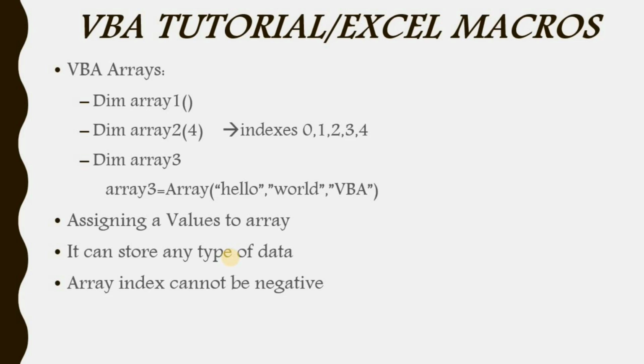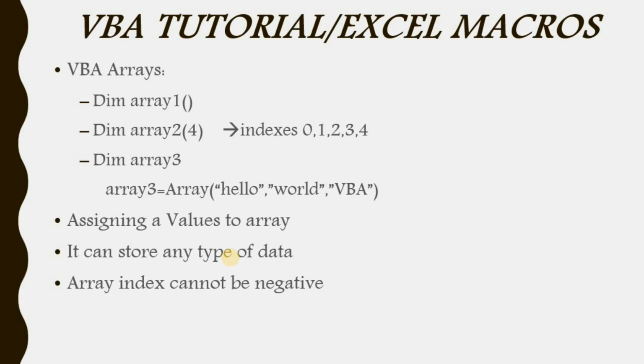It can store any type of data, as I already mentioned. You can store integer, string, decimal, and array also in a single array. In other programming languages, an array can store only one data type, but in VBA you can store any data type in one single array.